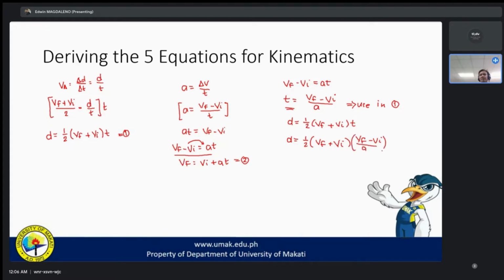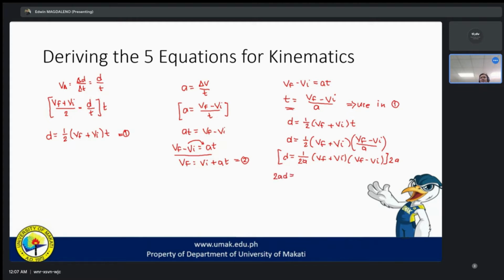So this now is our time. Then factoring out acceleration, putting it beside 2, we have displacement equal to 1 over 2a multiplied by the sum of the initial and the final velocity and the difference between the final and the initial velocity. Okay? So we could transfer 2a, or twice the acceleration, to the other side by multiplying everything by 2a, which will give us 2ad.